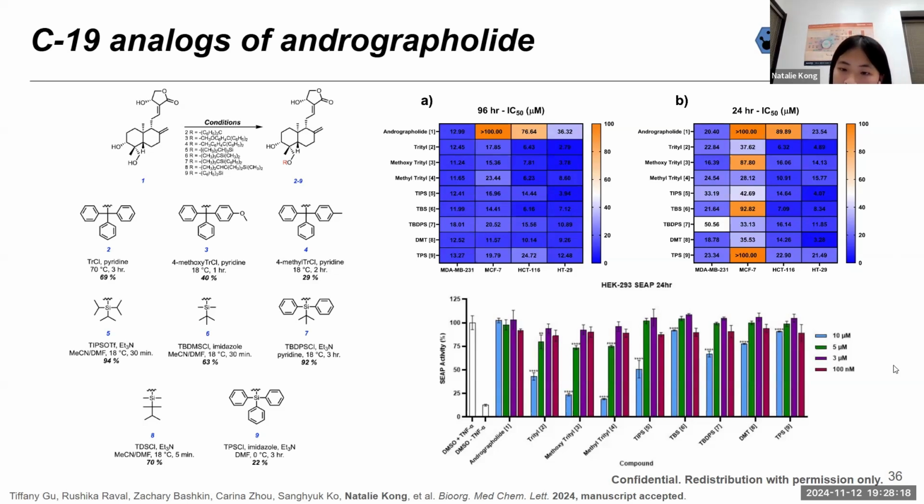Additionally, we also performed a SEEP assay, which we proposed tracks the level of beta-catenin through SEEP, which is a visible colorimetric way to sort of track it. And some of our analogs did appear to show significant inhibition, though there was no clear trend or confirmation of this trend.